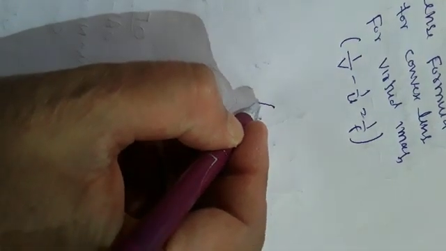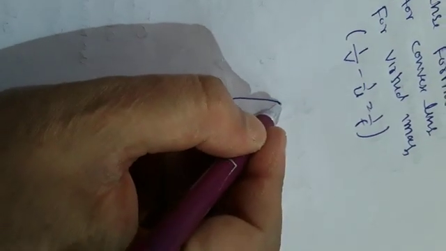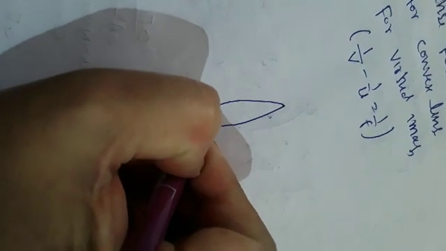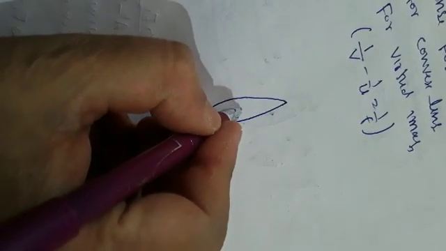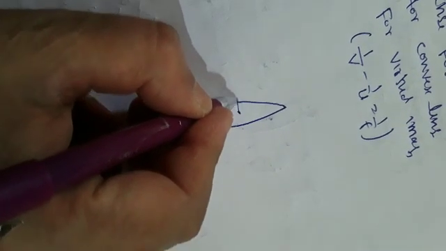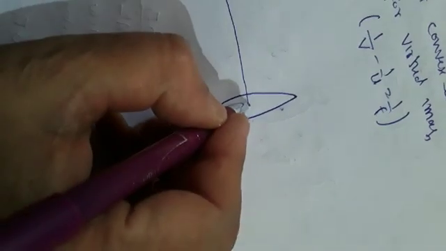Suppose we will try to make a diagram here. You know this is the optical center and this is the principal axis. It's a double convex lens.